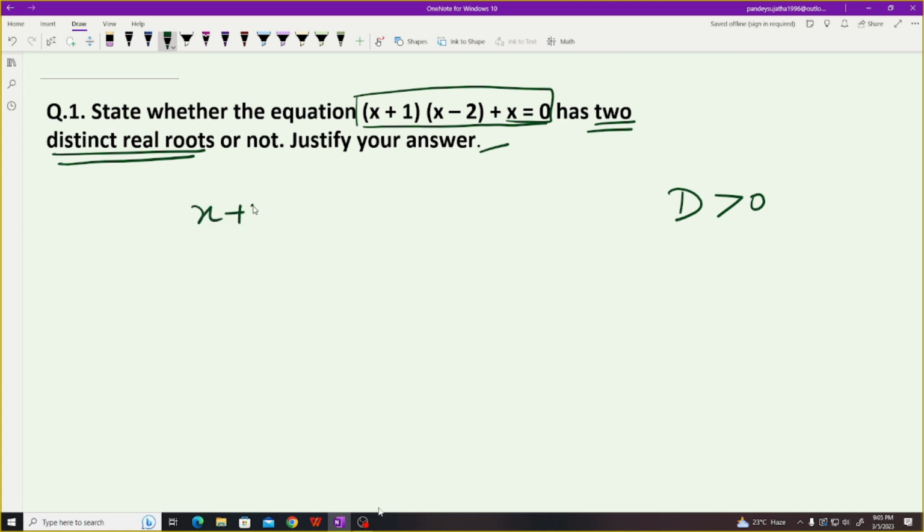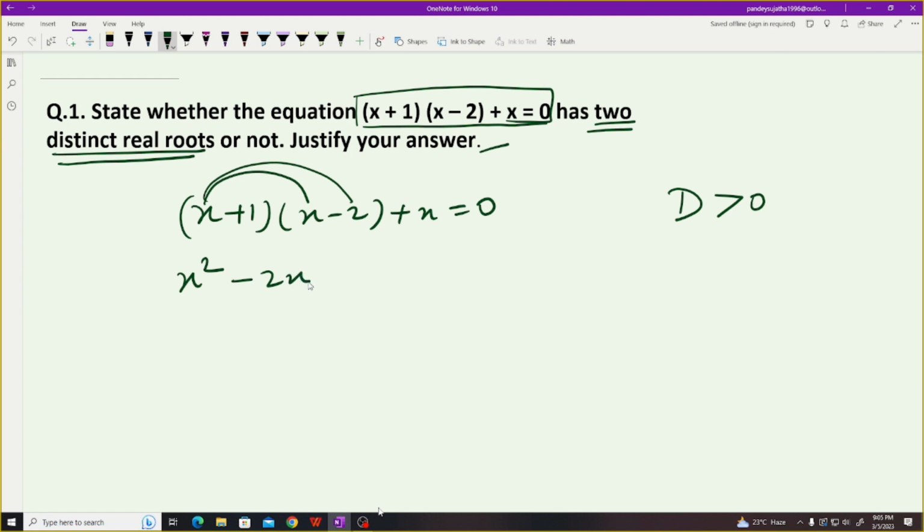So (x + 1)(x - 2) + x = 0. Open the bracket. x into x is x square. x into minus 2 is minus 2x. 1 into x is 1x. And 1 into minus 2 is minus 2, plus x is equal to 0.